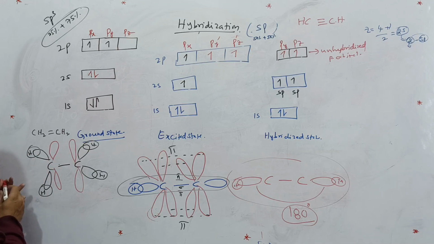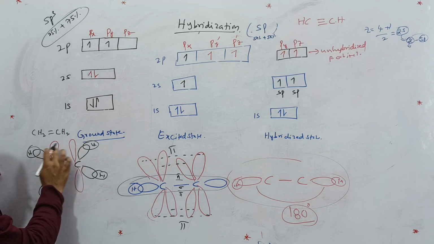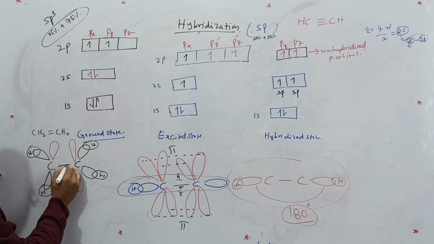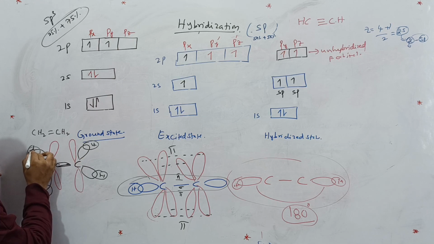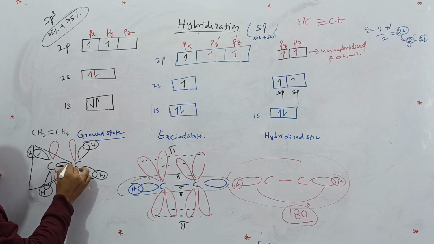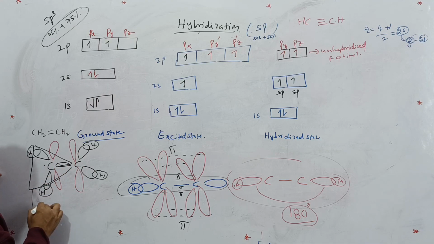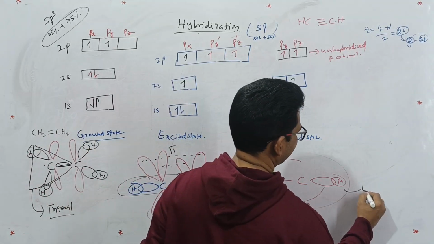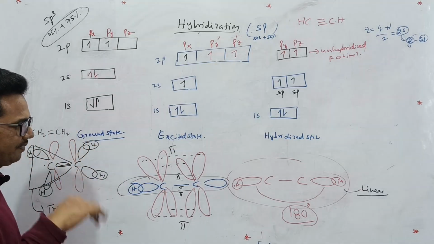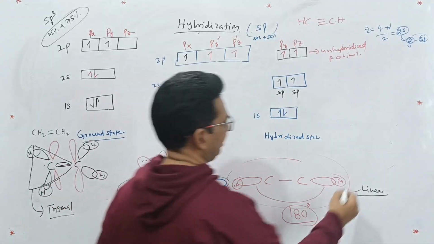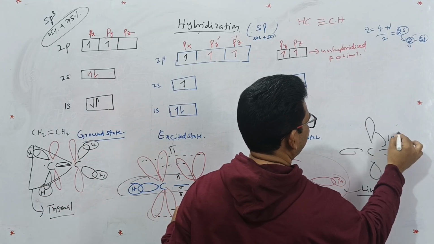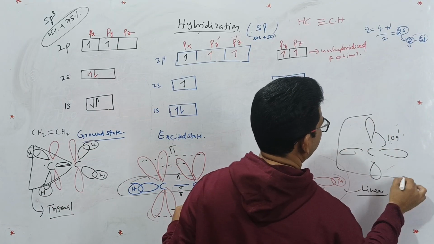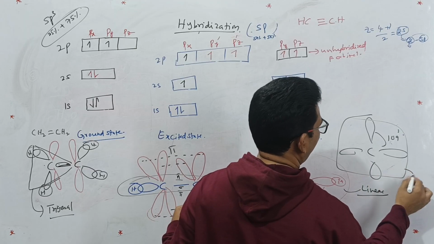See, now see the shape of this one. Don't consider this unhybridized orbital. Consider this. What shape is it going to get? This is called the trigonal. This is called the linear. Okay, in case of sp3, I already showed 109 degree. What shape? Tetrahedral.